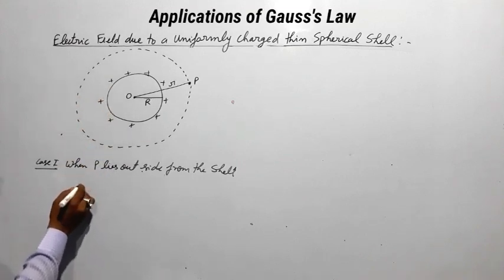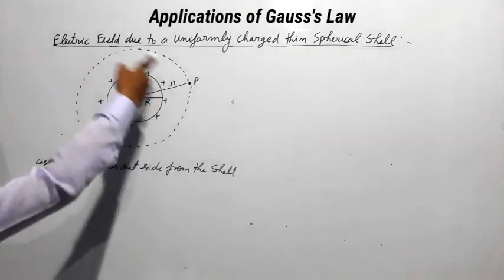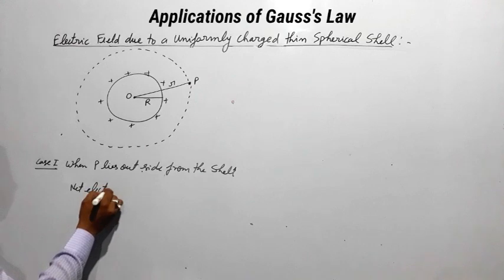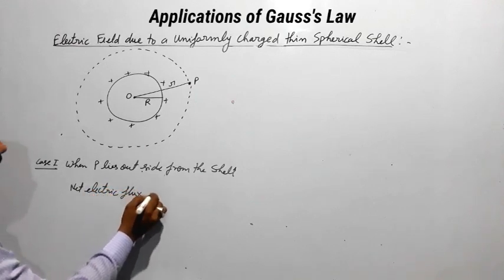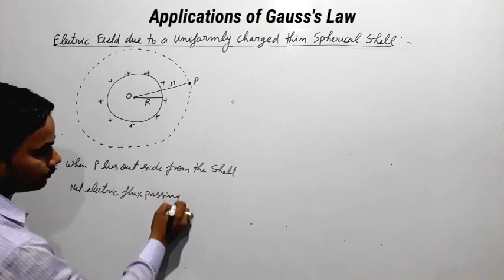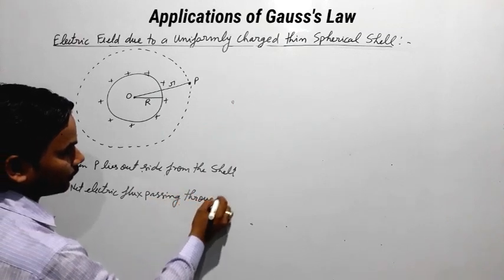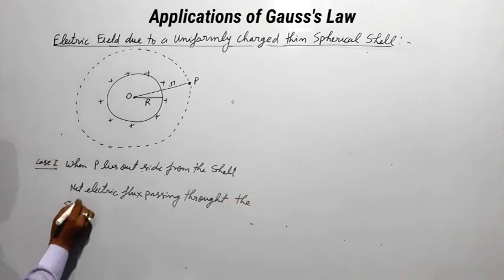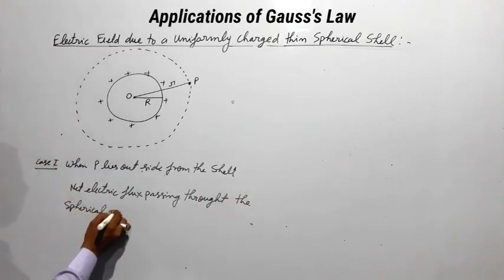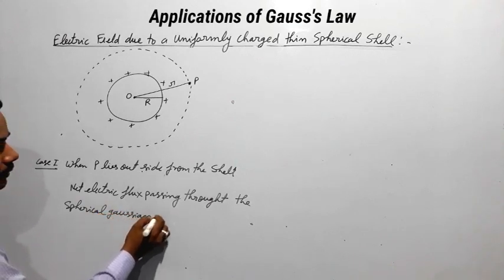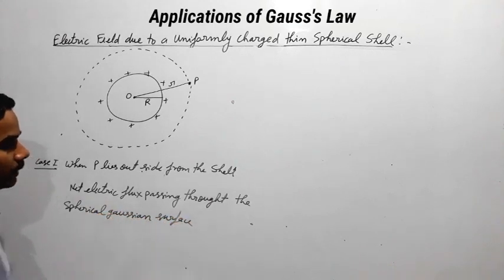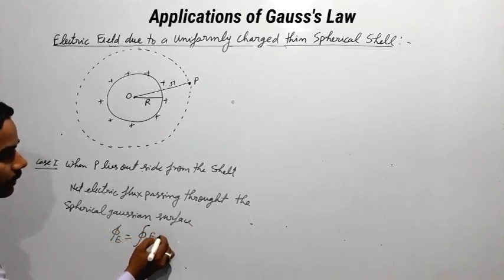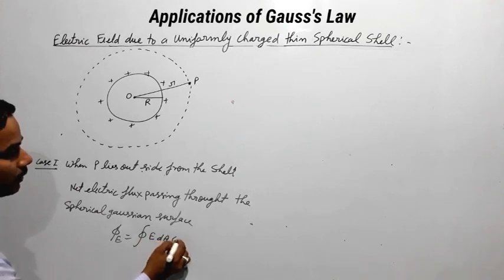Now the net electric flux passing through the spherical Gaussian surface will be phi E equals the surface integration of E dA cos theta.